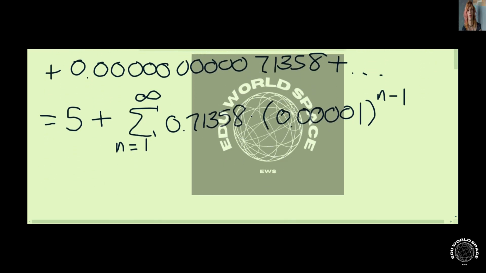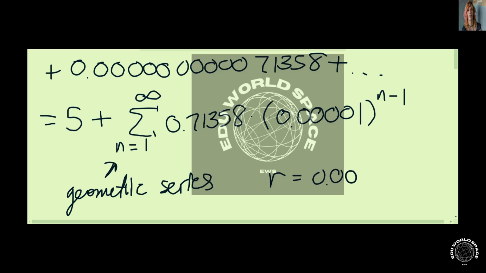And we recognize that this sum on the right-hand side is a geometric series. Moreover, the common ratio r is 0.00001, which is clearly less than 1 in absolute value.